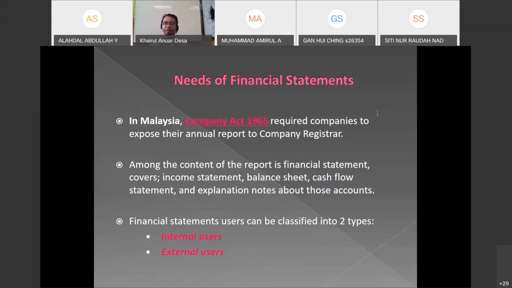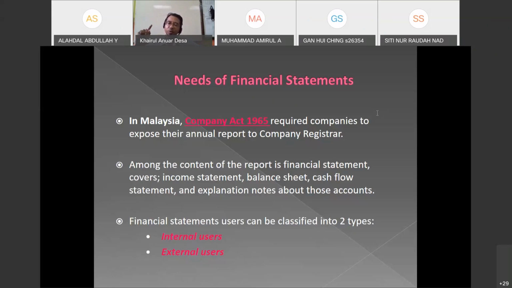Satu lagi yang penting yang you tertinggal, siapa external users yang berminat melihat penyata kewangan bagi sesebuah syarikat? Yes, suppliers. Dia ada internal suppliers and external suppliers. Yes, tax authorities, Lembaga Hasil, government.